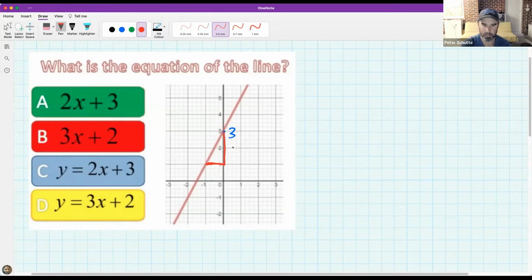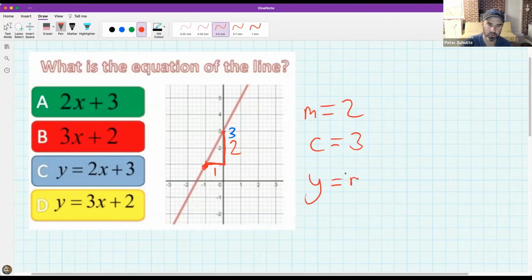I think it might be. This is a positive gradient. And if I go between these 2 points, it looks like I go 1 across and 2 up. So the gradient is 2, and the y-intercept looks like 3, which would mean y equals 2x plus 3.